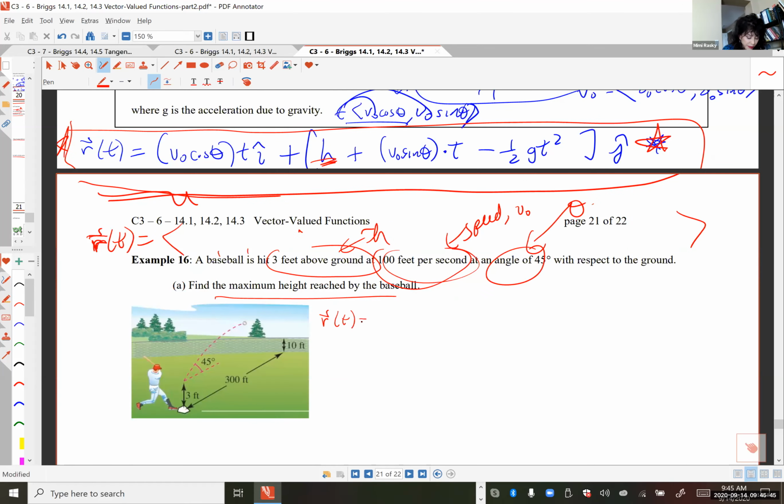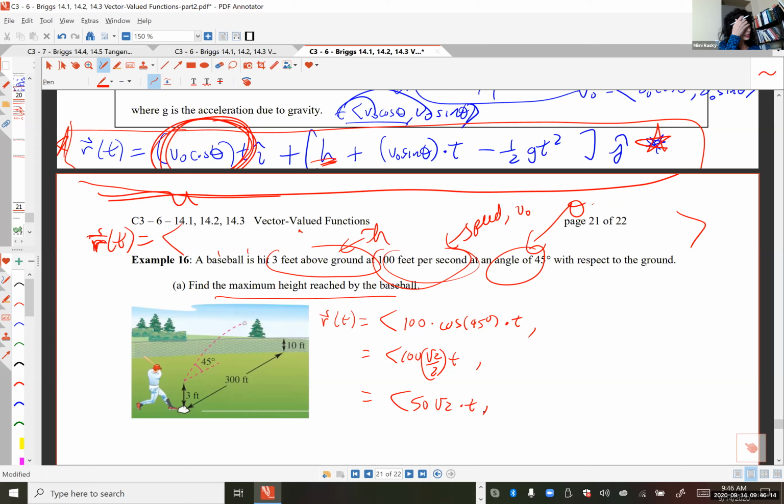Your R of t is going to look like, the i hat component looks like that, 100 times cos of 45 degrees times t, okay? And so that's going to be 100 times square root of 2 over 2 t, and so that's really going to end up being 50 square root of 2 times t.